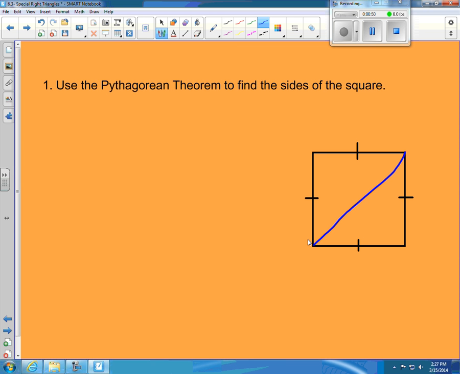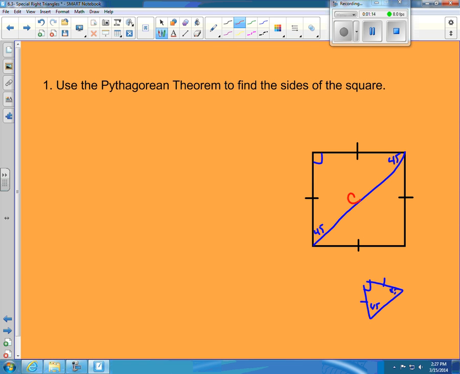And in a square, our angles are 90 degrees. So now we have 45-degree angles in these two sides. And we still have our 90-degree angle here. So if I just sketch that out quick here, you have 90, 45, 45, and these two sides are the same. Okay, so we're going to call that diagonal C.